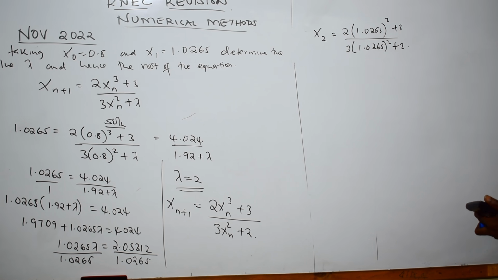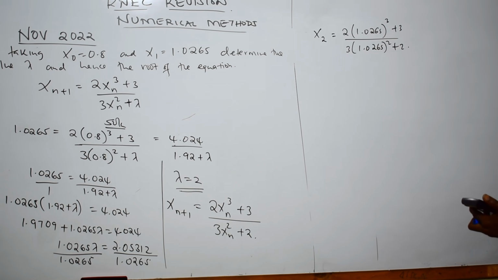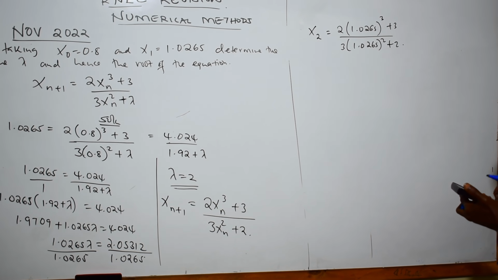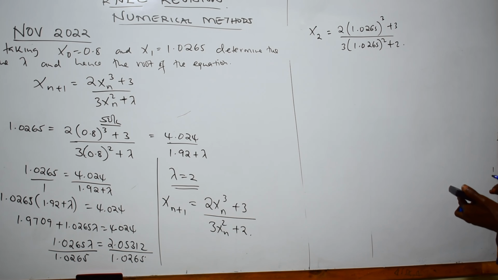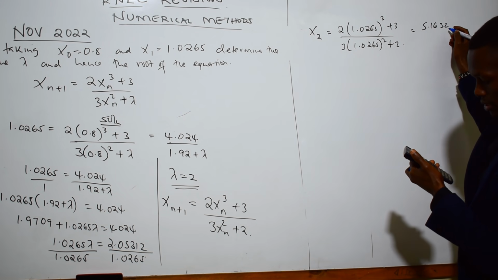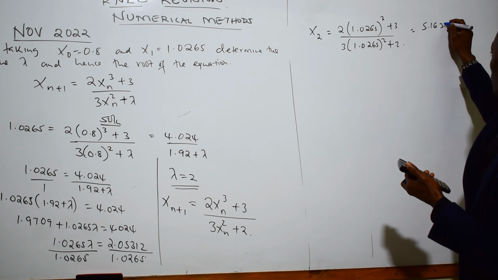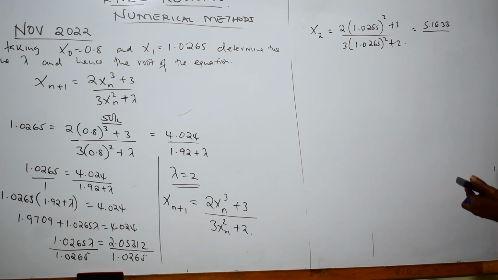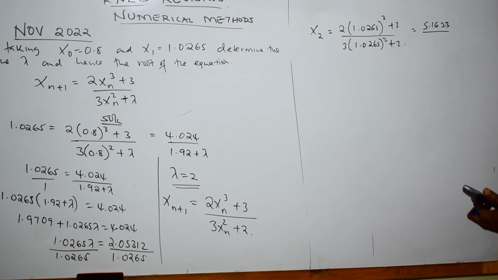So for x2 you have 1.0265. Then you cube, then multiply by 2, then you add 3, which gives you 5.1633, to 4 decimal places. Then the lower value, you have 1.0265, you square that, then you multiply by 3, then you add 2.